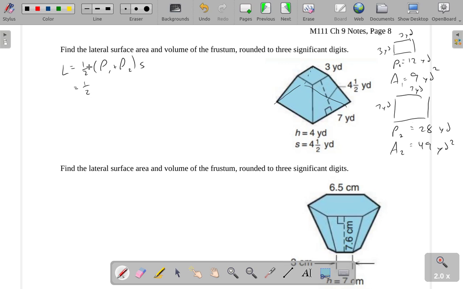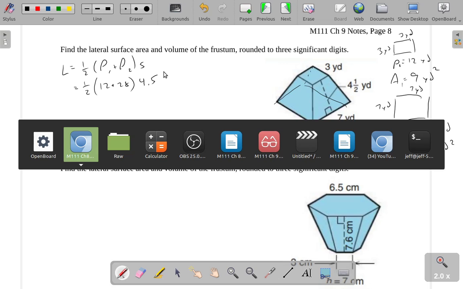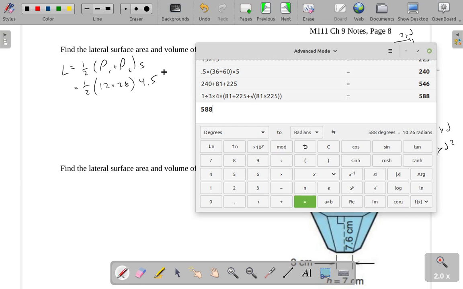So I can plug the numbers in as I need them. The lateral surface area is going to be the sum of the two perimeters. Perimeter 1 is 12 yards, perimeter 2 is 28 yards. 12 plus 28. The slant height is 4.5 yards. So let's plug this into the calculator: 0.5 times (12 plus 28) times 4.5.